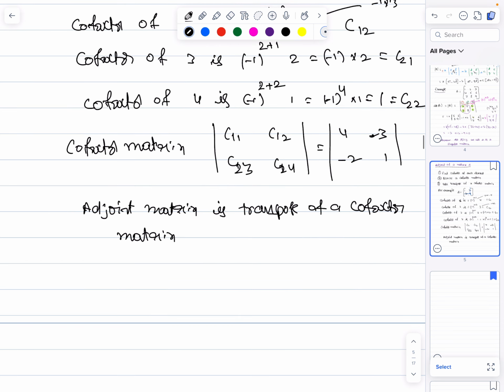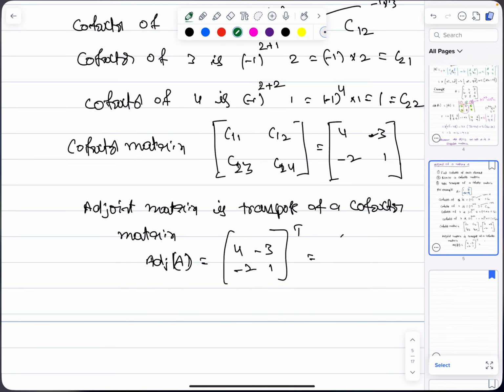That is, adjoint of A is equal to, so 4, minus 3, minus 2, 1, this matrix transpose. Whenever you are applying transpose, you should flip the columns into rows and rows into columns.